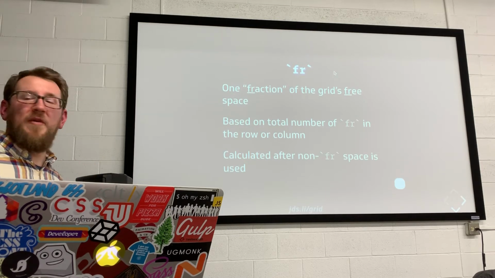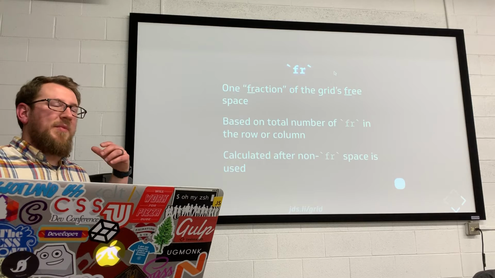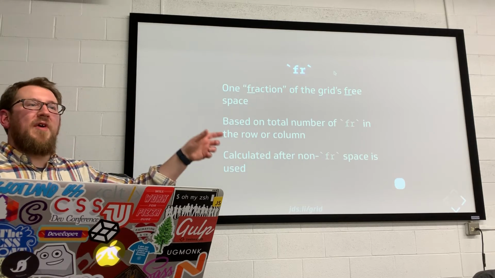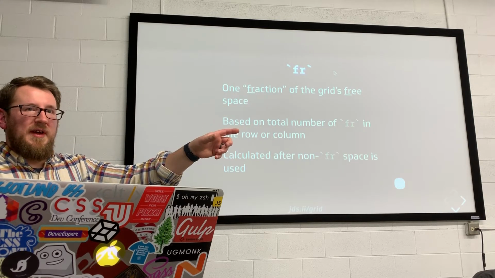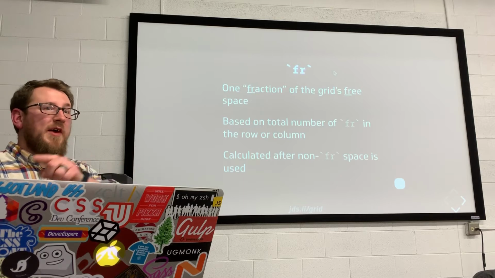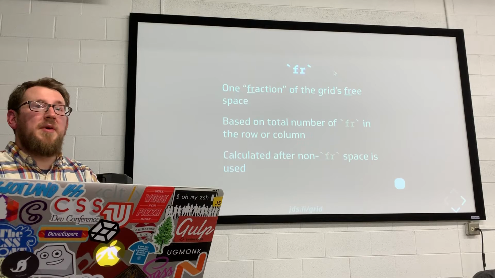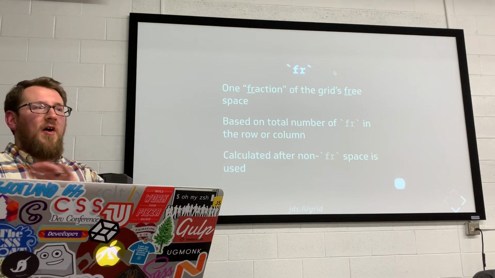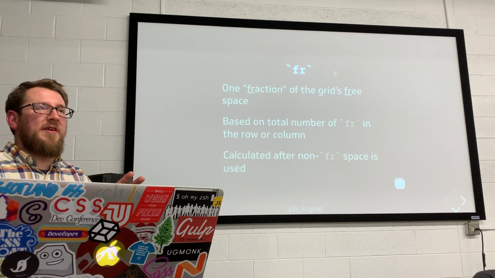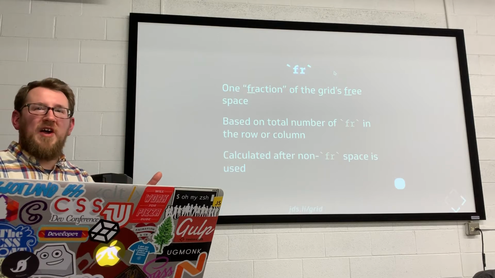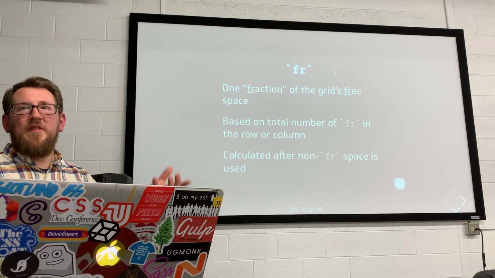So again, to go over what we did before, if we did grid-template-columns: 1fr 2fr 100px, the browser would say, first thing I gotta do is take away the 100 pixels. Then what space is left? Let me double check, is there a gap? We didn't use a gap, cool. All the rest of the available space, all those remaining pixels, gotta cover 1 fraction and 2 fractions, so we divide it by 3.